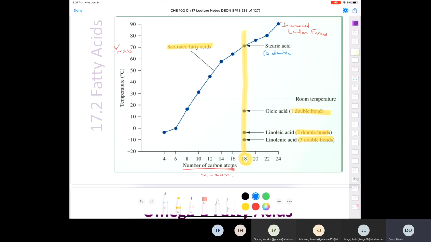So as we go from 0 to 2 to 3, our melting point decreases. Again, it's just because it's harder and harder for the chains to pack together effectively as we increase the amount of unsaturation. Give me a thumbs up if you follow me so far, or a hey, or a man, I love organic chemistry, or this is the greatest summer of my life.